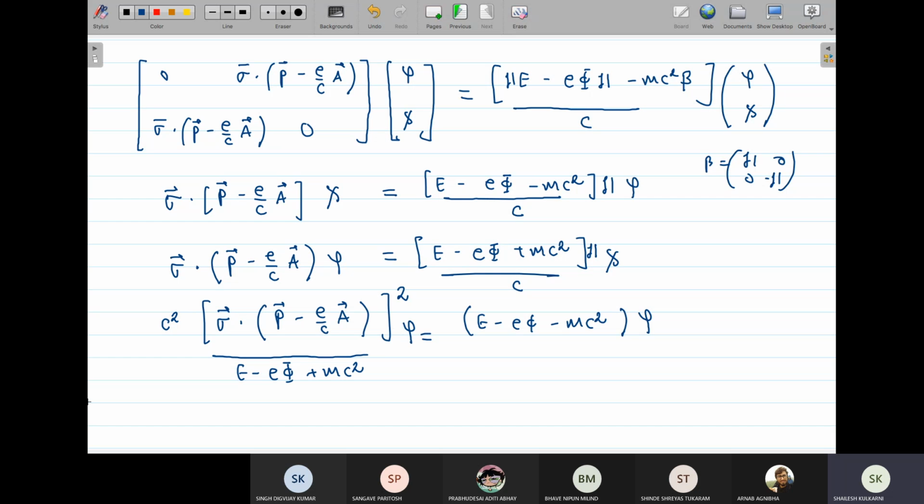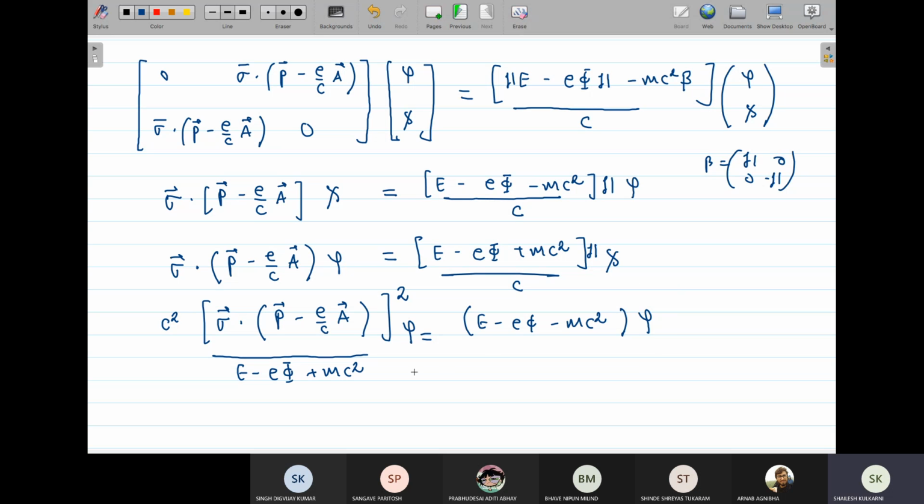This will act on phi. Is it okay? No problem. So I just evaluated chi in terms of phi and substituted here. So I have the equation in phi now.